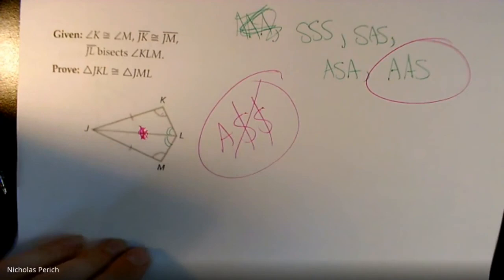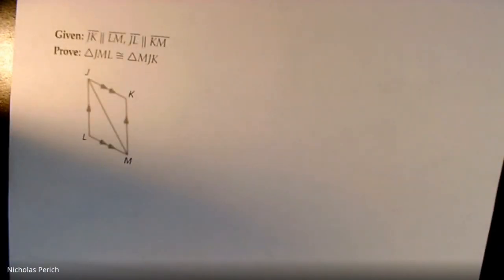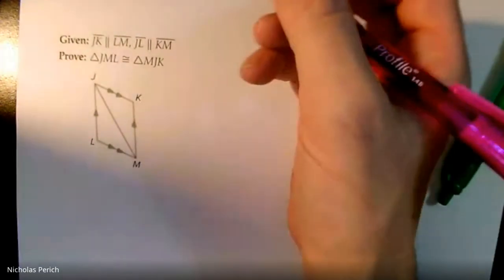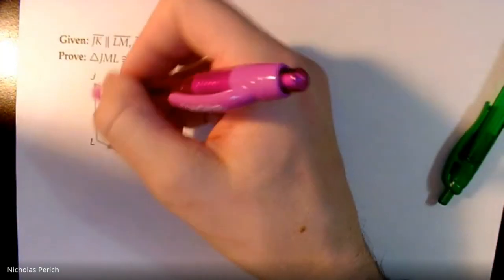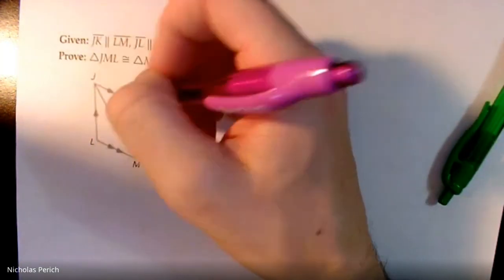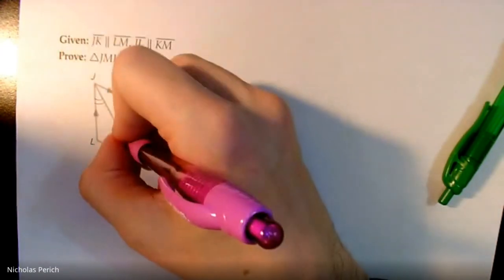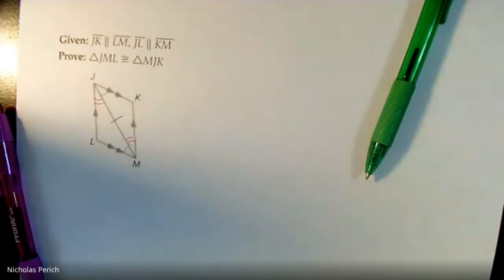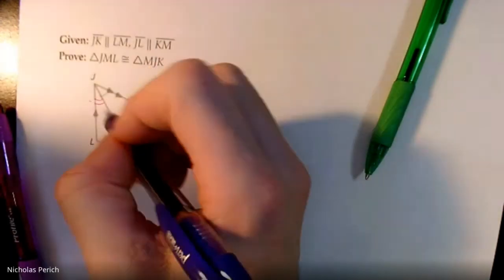We're not going to have time to do this one either, but what we could do here, if we want, is since these guys are parallel and these guys are parallel, we can say alternate interior angles everywhere, and the Santiago special, and that becomes ASA.